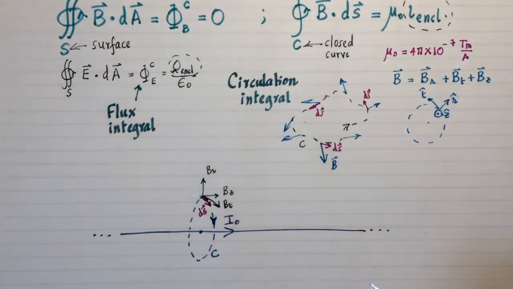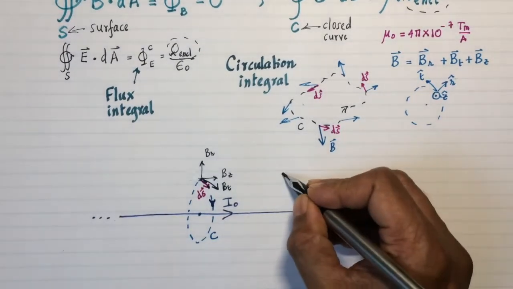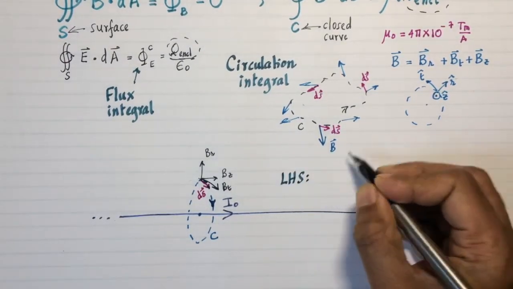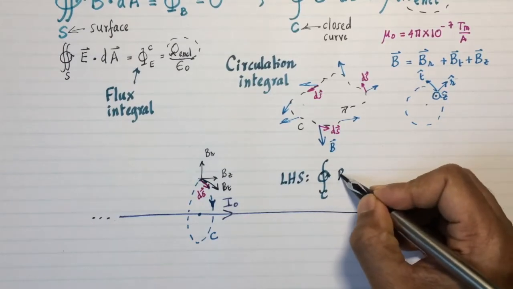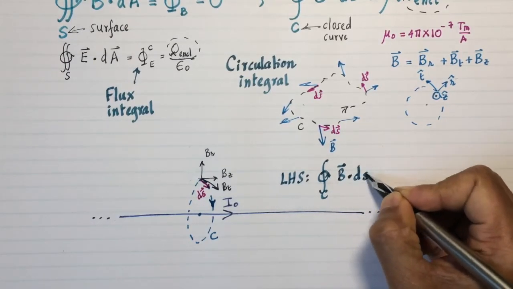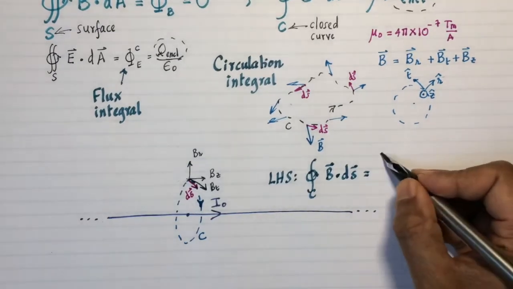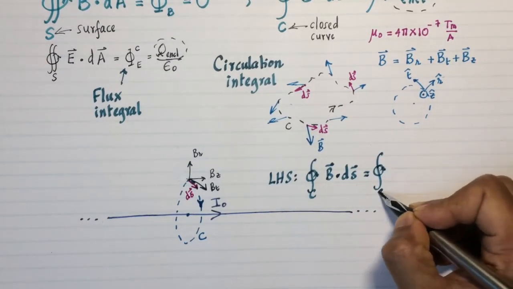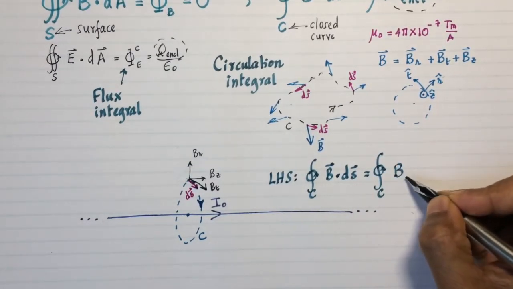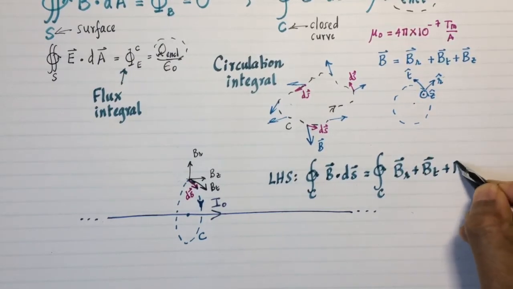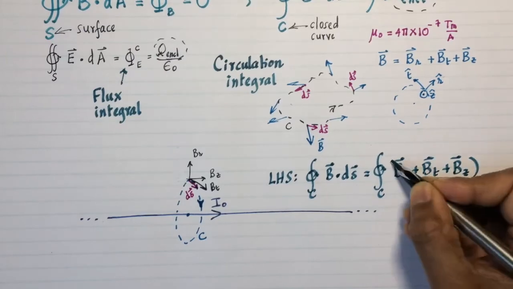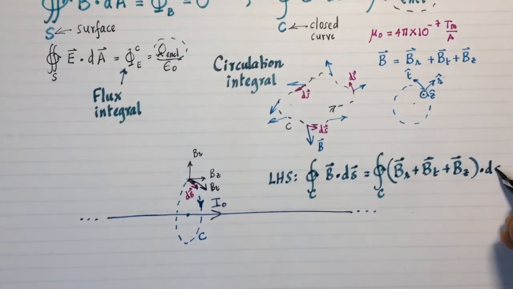Let's work on the left-hand side of Ampere's law for a moment. The integral along the closed curve C, B dot ds, will be written as the integral along the closed curve of B radial plus B tangential plus B z, dot ds.